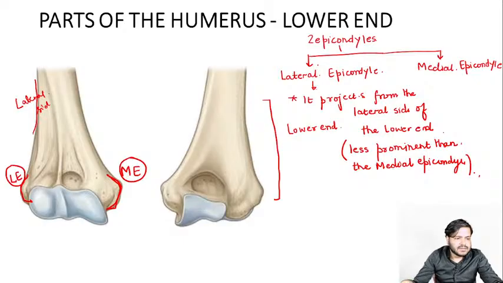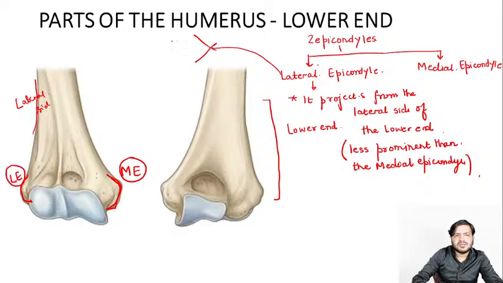Apart from that guys, basically if we talk about surfaces, the lateral epicondyle has an anterior surface, and one more surface is there, that is the lateral surface.